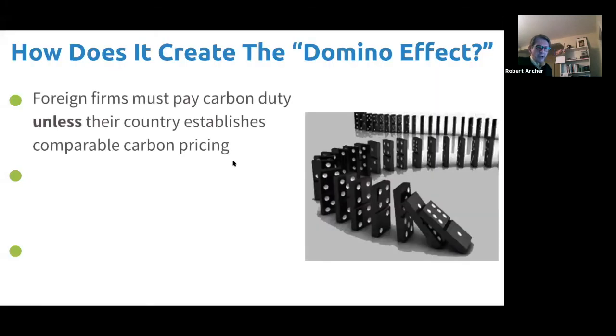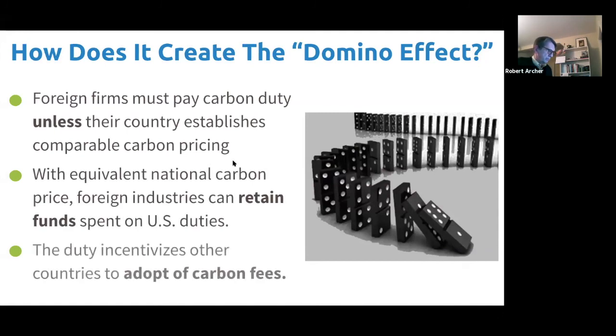The firms and free rider countries, such as Brazil, with no carbon price are subject to the US border adjustment. That's the stick. And the countries are incentivized to establish their own carbon price so their firms can avoid the US border adjustment. Who administers this?